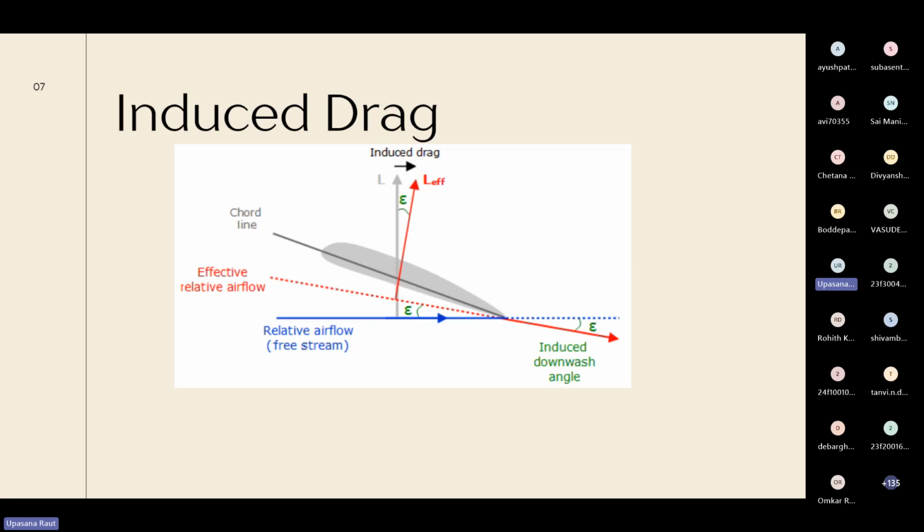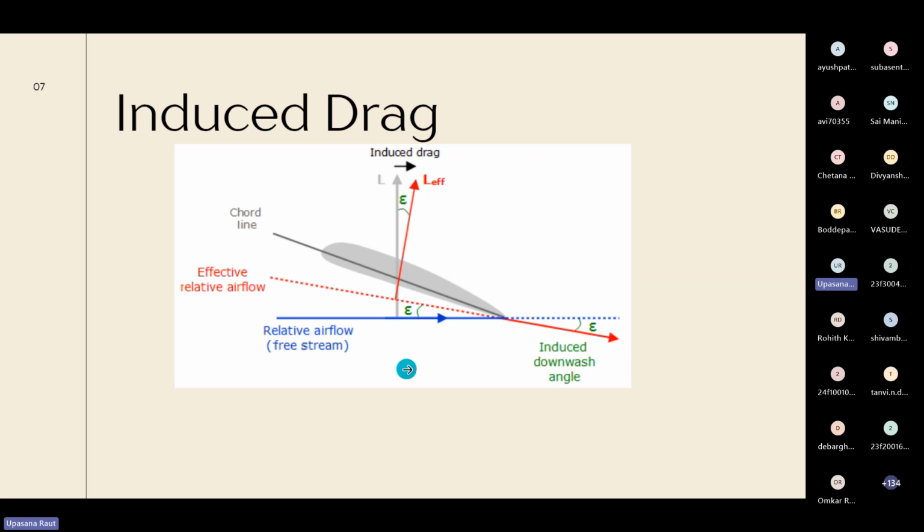For the effective airflow, the relative airflow was like this, but now the wingtip vortices have pushed that downwards and created a downward flow. So now the effective airflow has tilted a little bit, by an angle of epsilon. This epsilon is called the induced downwash angle. Like I've said, lift should be perpendicular to the flow of air, right?